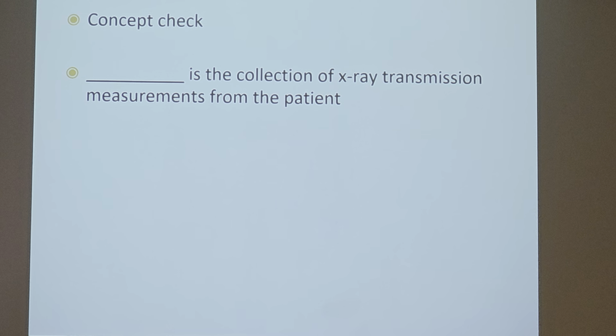Attenuation. What is it? Attenuation is the collection of X-ray transmission measurements from the patient. Very good. But this is practice, not graded. So we want to say the collection of X-ray transmission measurements. This is going to be data when you think about it. All right.